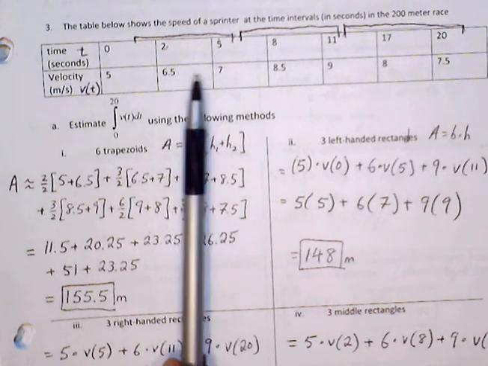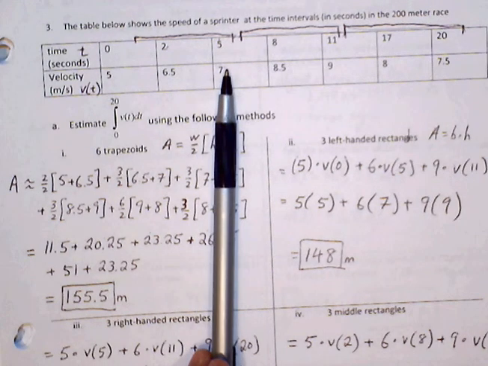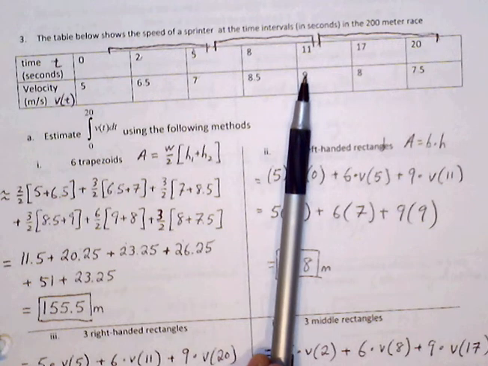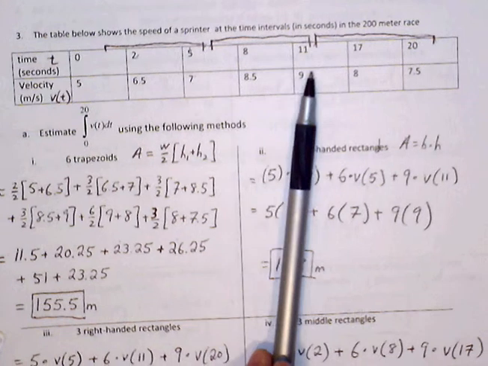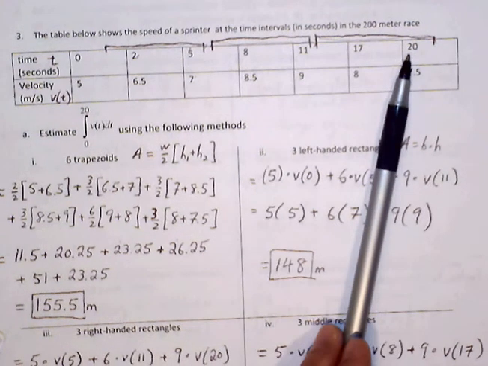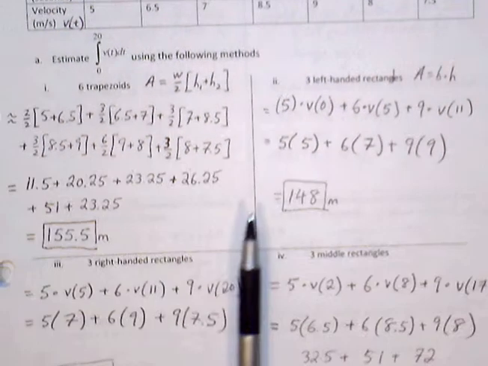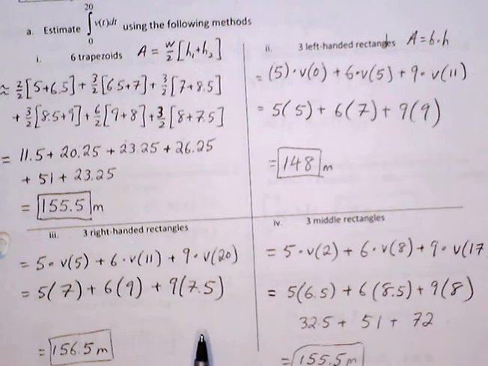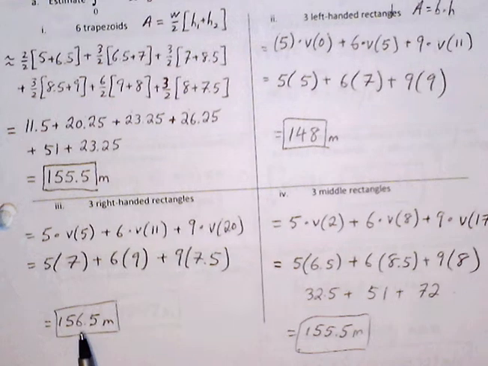So for the first rectangle, I'm going to choose 7, or v of 5. For the second interval, I'm going to choose v of 11, which will have a velocity of 9. And then the third interval, the upper right corner, which is v of 20, which is 7.5. Plug those values in, multiply those out, and our approximation will be 156.5 meters.